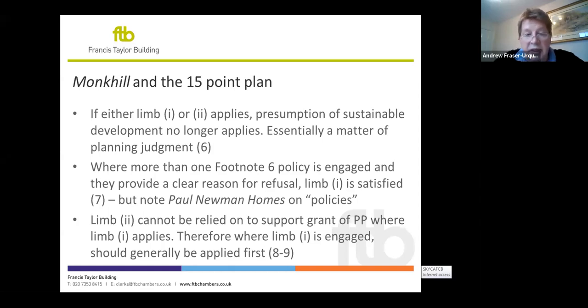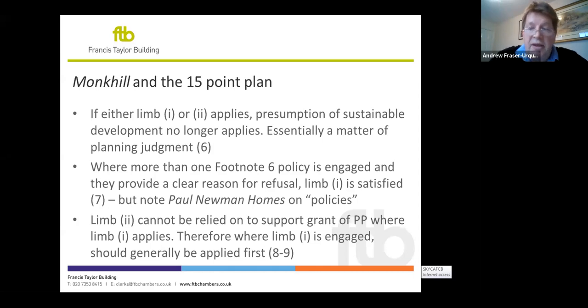Points 8 and 9 again go back to this principle that it's either or. If either Limb 1 or Limb 2 is made out, then the presumption is not applied, you refuse planning permission.